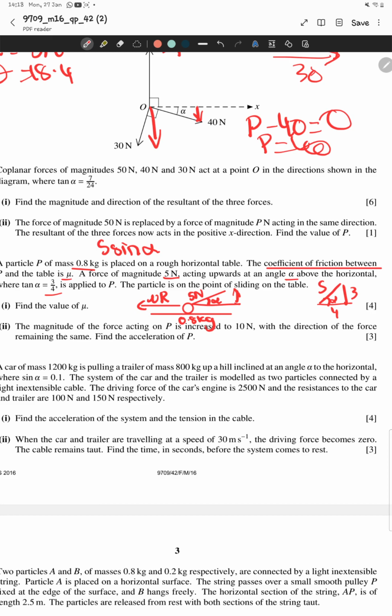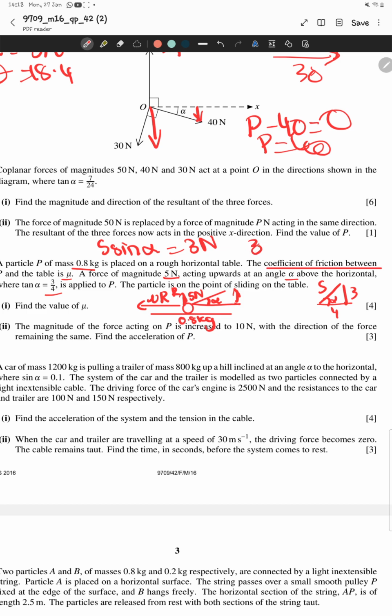So sine alpha would be 3/5. So 3/5 times 5 is just 3. The force upwards is 3. And there's also obviously R, which is the reaction force acting on the ball. We know that these forces are balanced because it's not having any vertical motion.